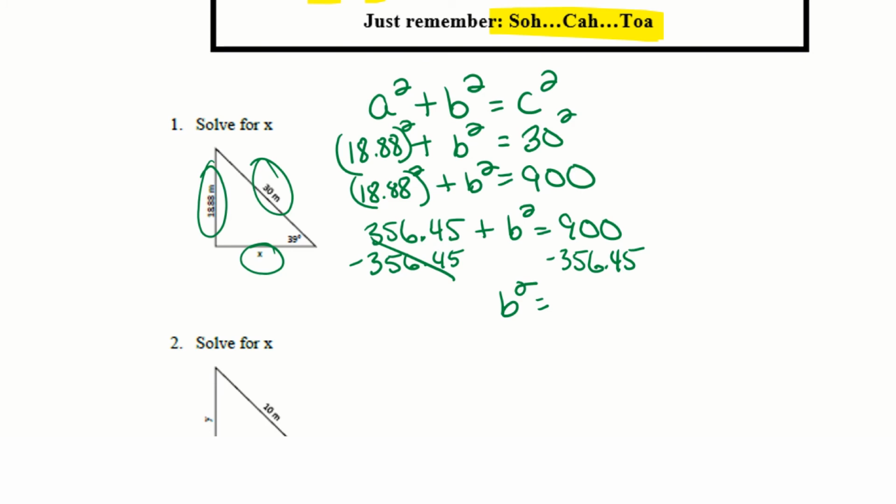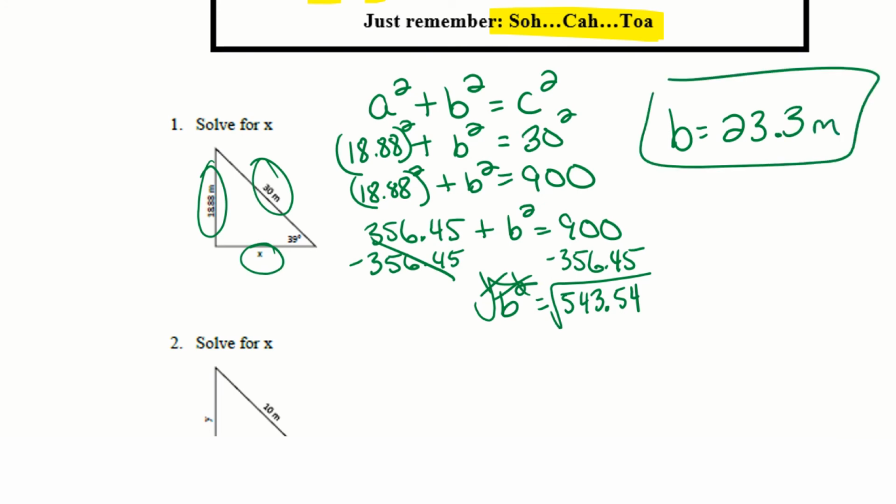And when I do that, that gives me 543.54. Now I need to do the square root of that value. The square root of 543.54 would be 23.3, so b equals 23.3 meters, and that would be my answer.